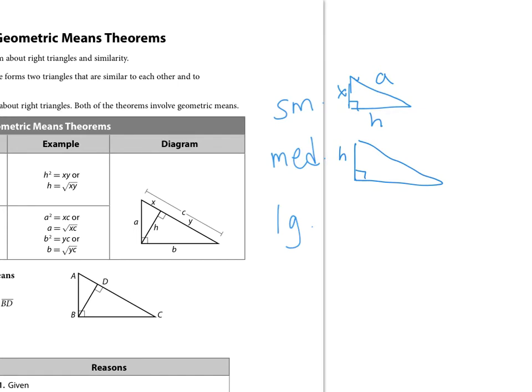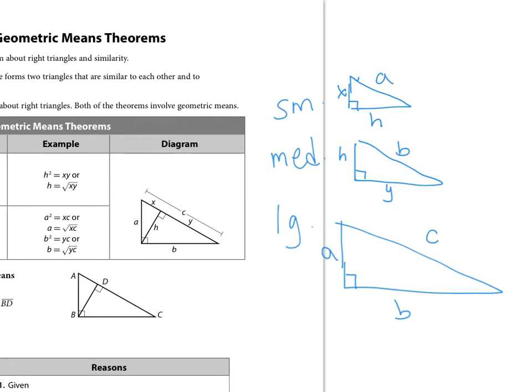Then we have its longer leg, they're calling y, and the hypotenuse of that medium triangle is going to be letter B. Then our papa triangle, or large triangle, the biggest triangle that we have, its short leg is A, its long leg is B, and its hypotenuse is C. So hopefully those labels are familiar to you from your Pythagorean theorem. It's just that we have 3 different triangles that are going to be similar to each other.